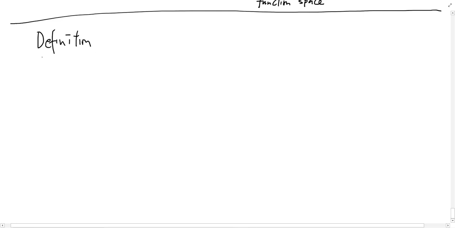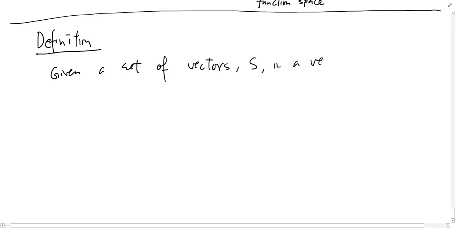Definition. Given a set of vectors, let's say S, in a vector space V. This set of vectors is kind of like a subset of elements in vector space V. So in a sense, it's kind of like we're forming subspaces.